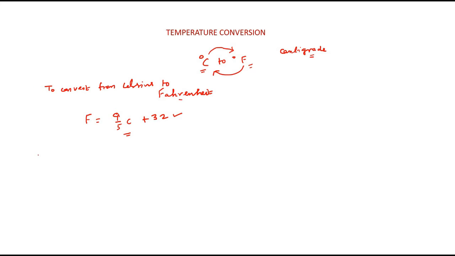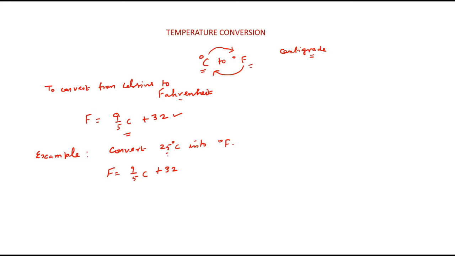Example, we will take an example. Convert 25 degrees Celsius into the Fahrenheit scale, into degree Fahrenheit. So write the formula, F is equal to 9 by 5C plus 32.